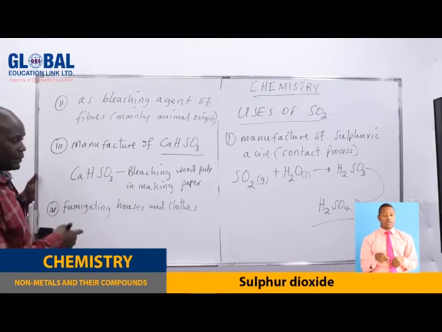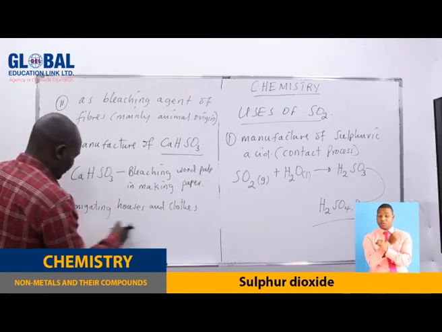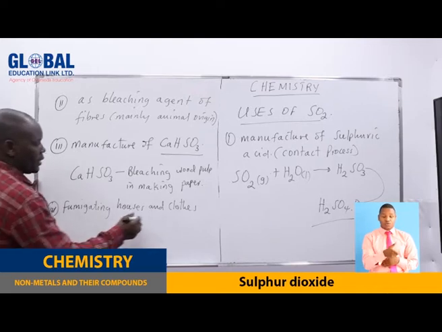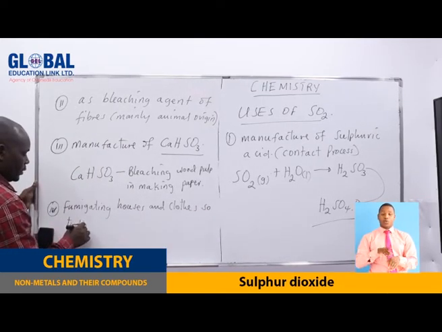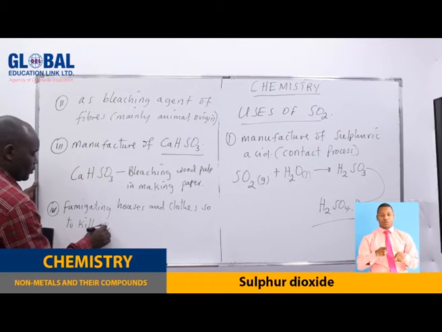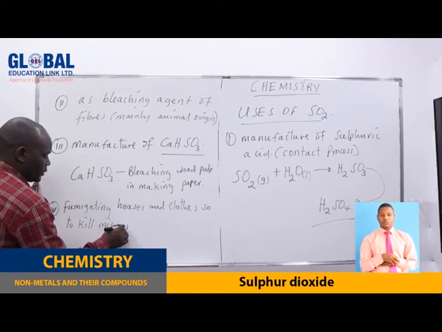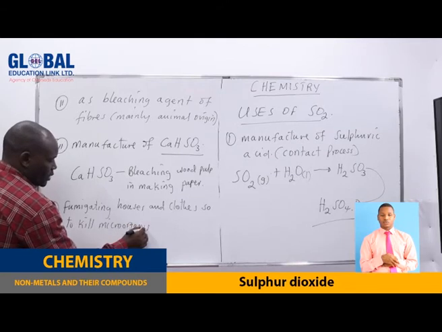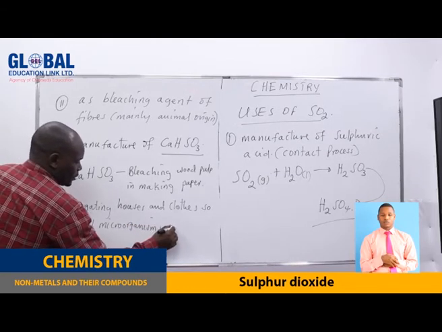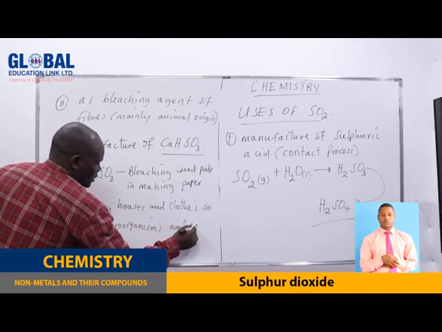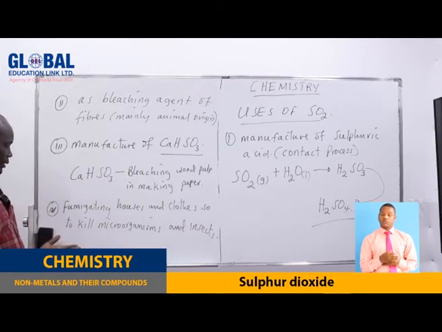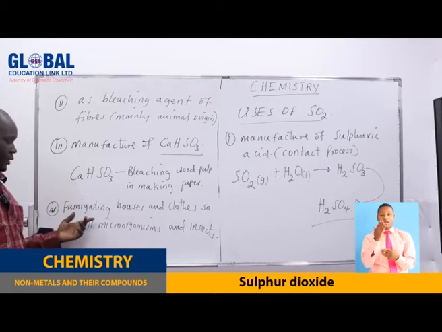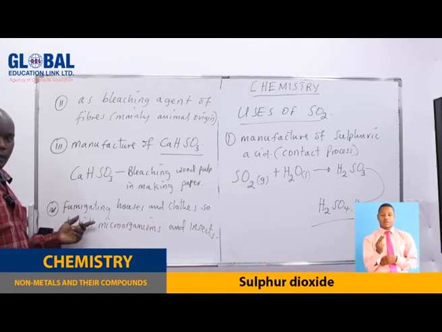Since we have said that it is poisonous, we fumigate houses and clothes so as to kill microorganisms and insects. So that is another use of sulfur dioxide gas.